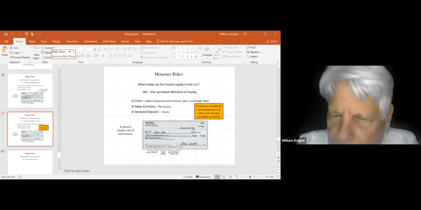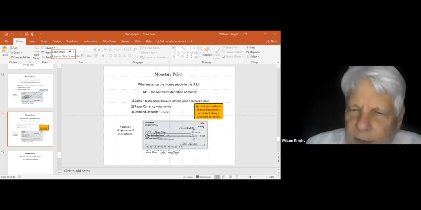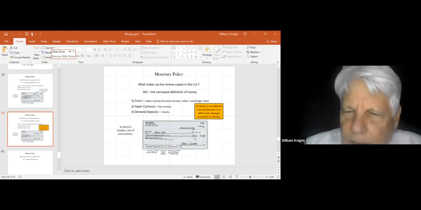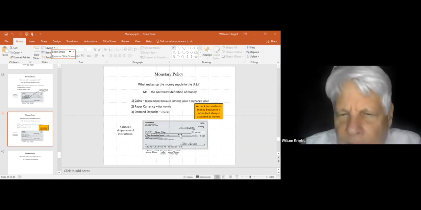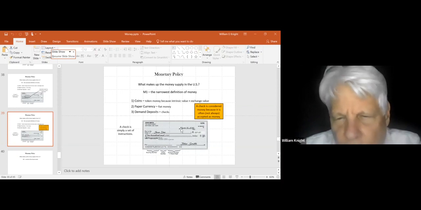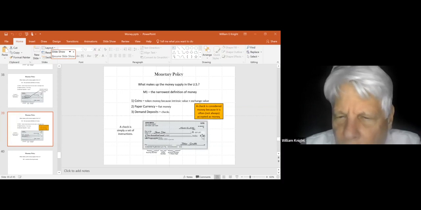And what is it backed by? This check right here is backed by government issued money. This bank issued money is backed by government issued money. It says that if you take this set of instructions to the bank and you hand it to them, they will hand you $100 of legal tender government issued money in exchange for this.